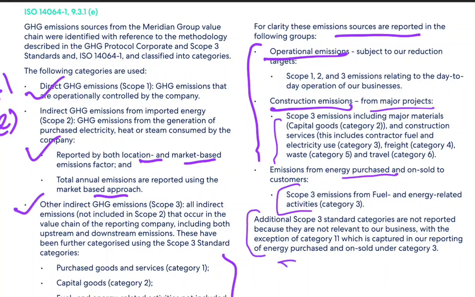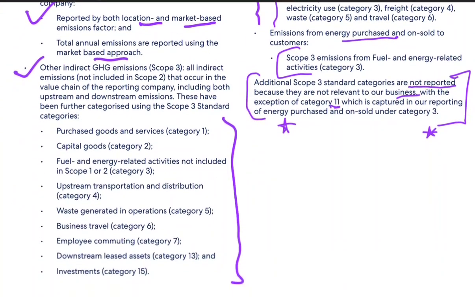This is very important. Additionally, Scope 3 standard categories are not reported because they are not relevant to the business, with the exception of category 11, which is captured in the report under energy purchased and not sold. So this exclusion part we need to understand and remember. Very important.